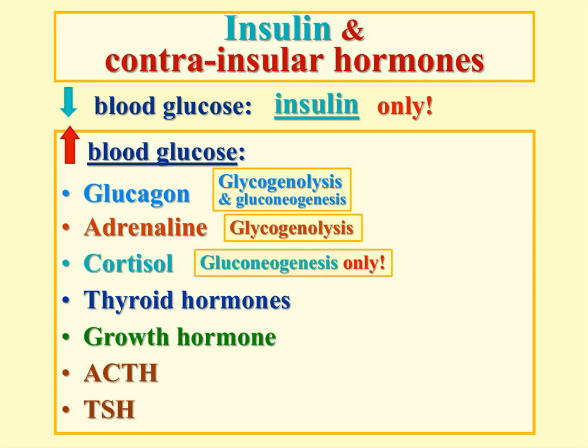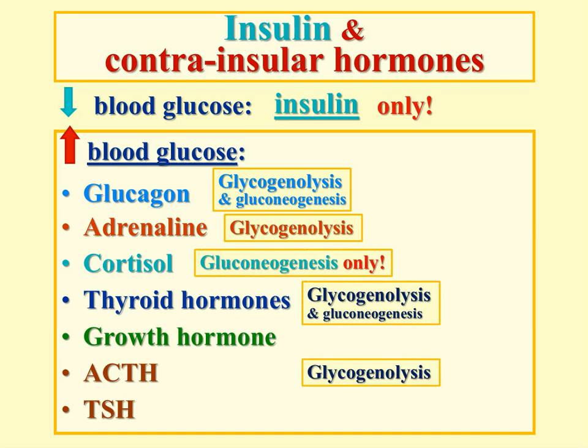And glucose is increased just because of formation of new glucose from amino acids, gluconeogenesis. Thyroid hormones, similar to glucagon, stimulate glycogenolysis and, to a certain extent, gluconeogenesis. And the rest of the hormones mostly have glycogenolysis activation. So we see how many hormones are able to increase blood glucose.